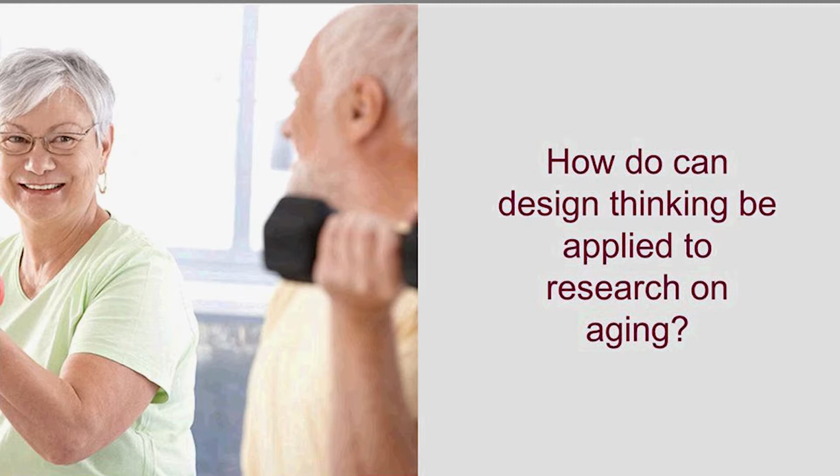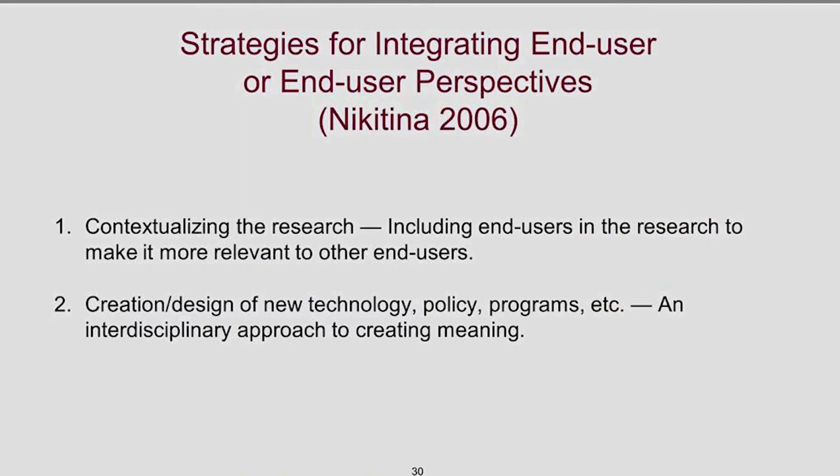All right. So I've borrowed a couple of the terms I'm going to be using here from a paper on interdisciplinary work by Nicotina, and the references are later in the slides. The first one is integrating or working with end users in what's known as contextualizing. That is, where do we include end users in the research to make it more relevant to other end users?